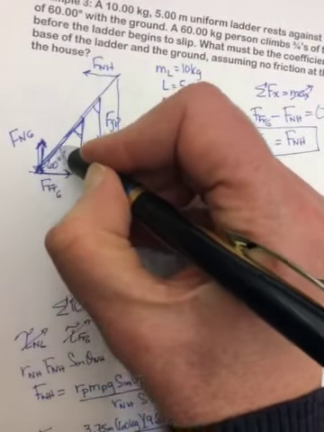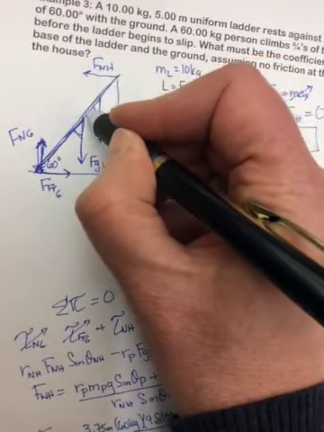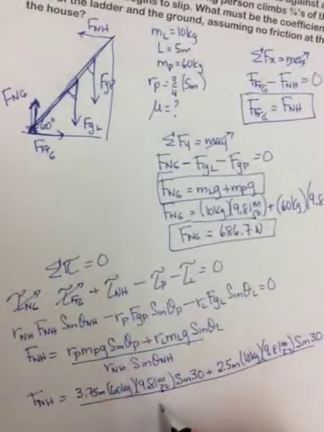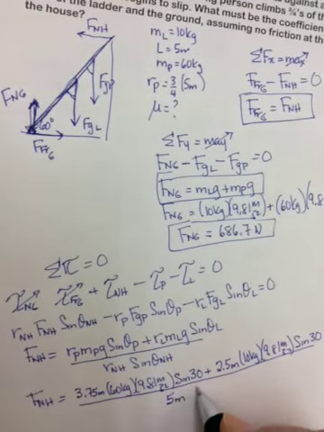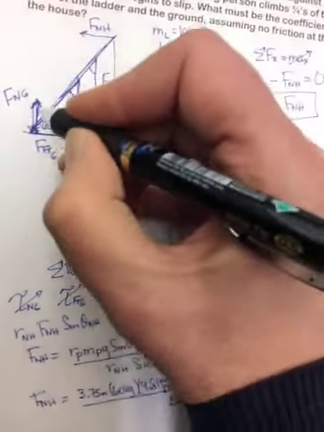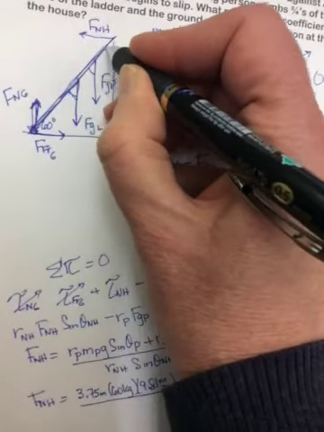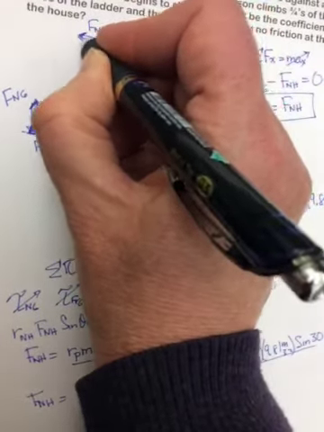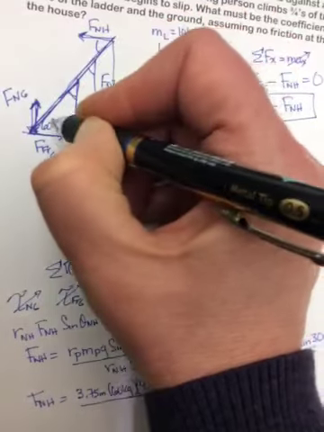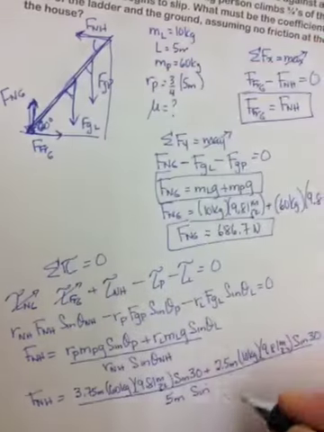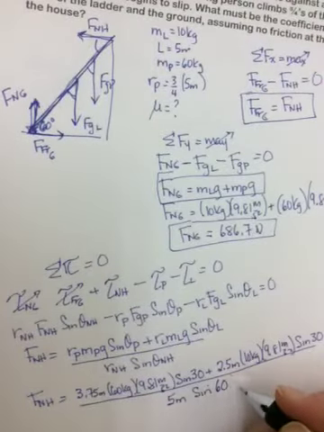Between the pivot point and where the normal of the house is, it's the full length of the ladder, so 5 meters. And what is the angle between the R, which is here, and the F, which is here? It's this angle, which is the same as the one at the base. It's going to be 60 degrees.